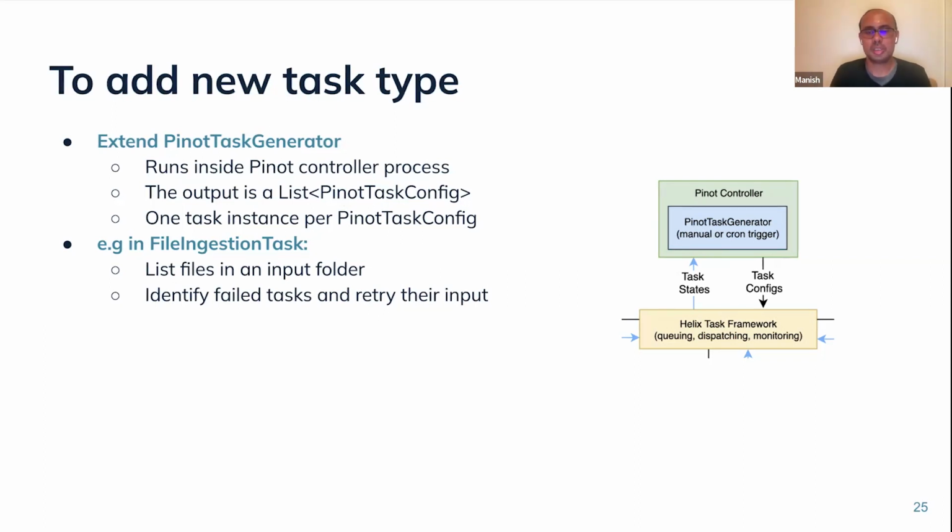For example, if you have 1,000 files and you want to give 100 files to each minion worker, each Pinot task config would have 100 files as input. The minion worker looks at this task config, sees these are the 100 files it needs to ingest, and does the heavy lifting job. That's the idea.